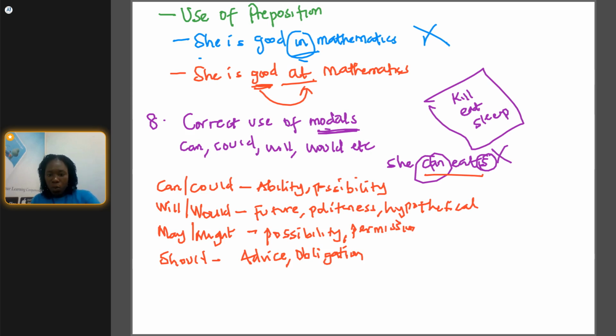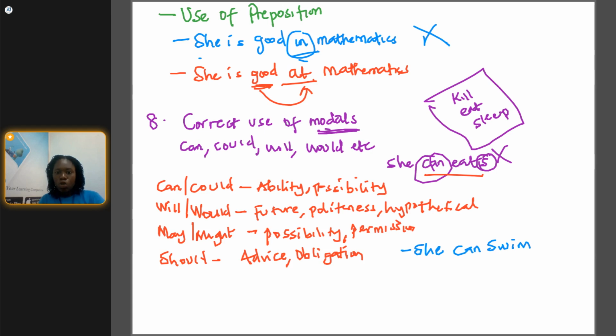For example, I'm going to be giving one example each for both can and could. For can, I already mentioned she can eat, but we can still have an example like she can swim.